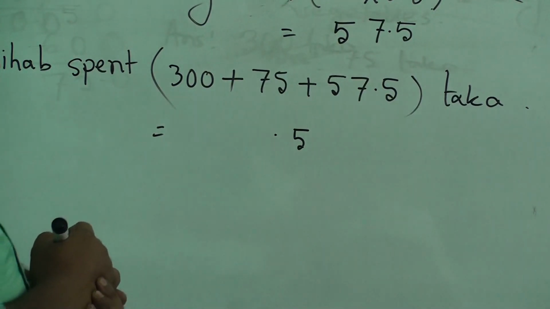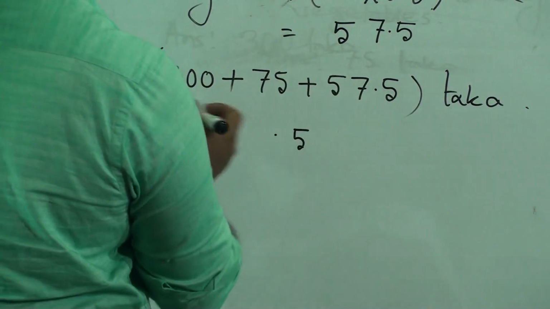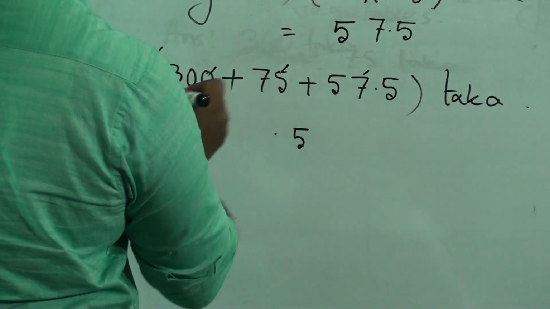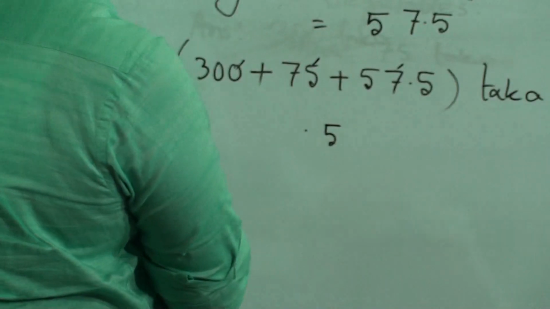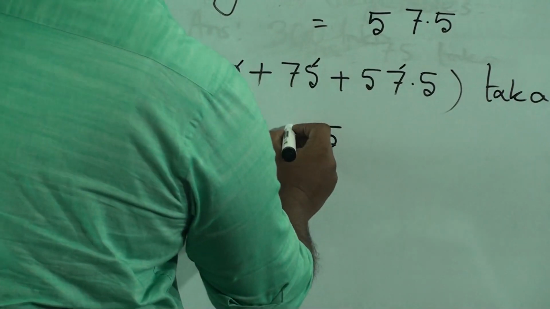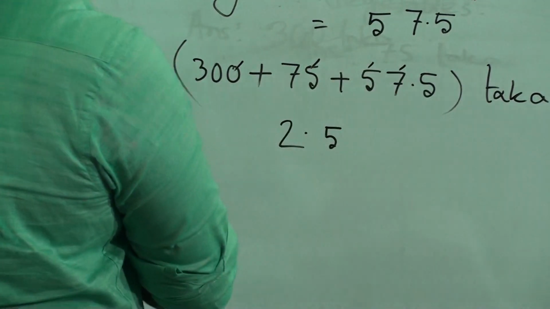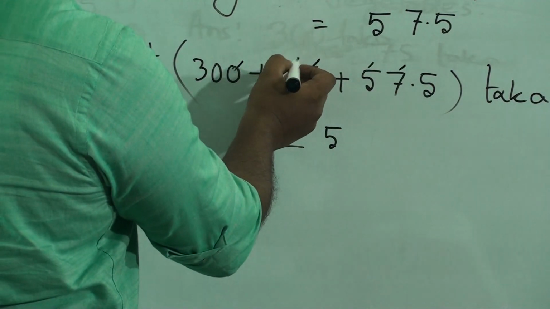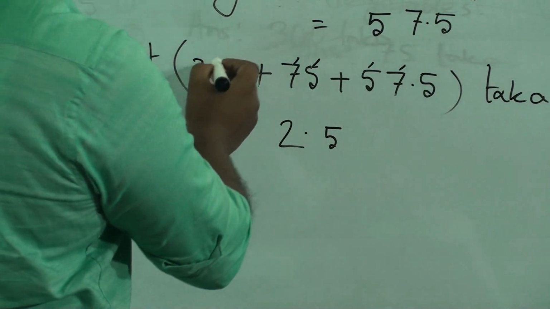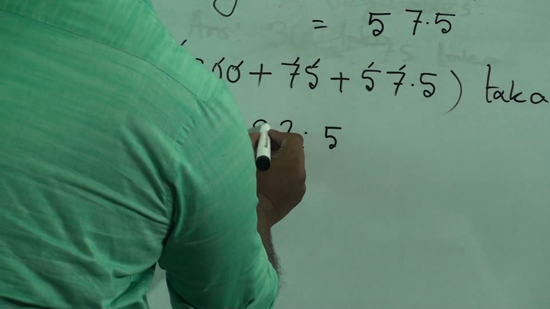Now we do addition. Only one digit after the point, so we write this 5 here and the point is here. Now we add these 3 numbers: 7, 5, 0. 7 and 5 added gives 12, carrying 1. Now 5 on 6, 6 plus 7 is 13, 13 plus 0.